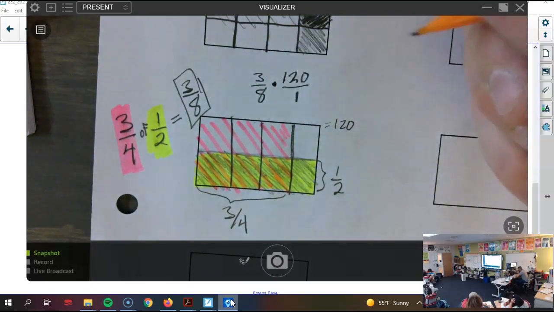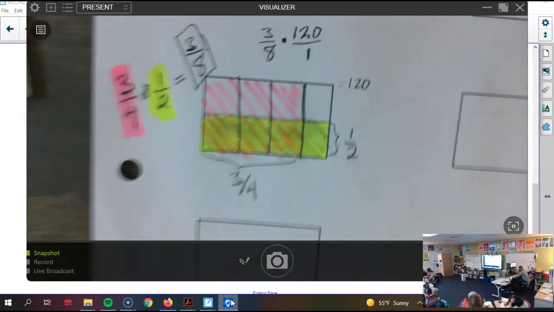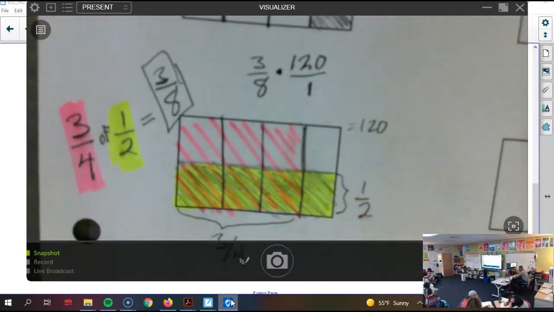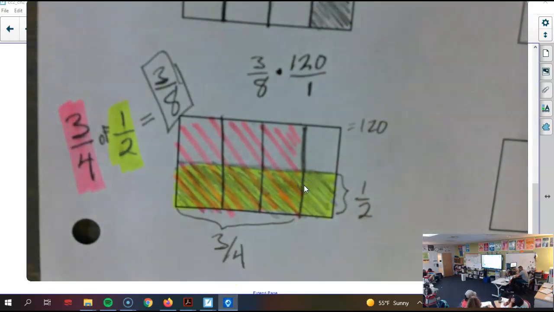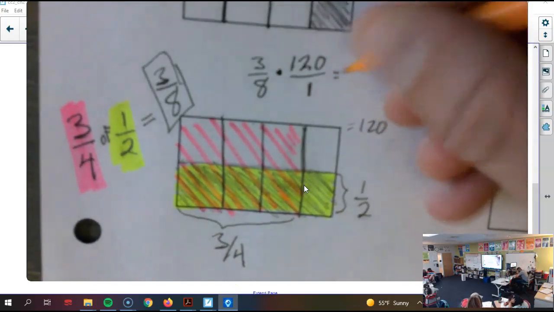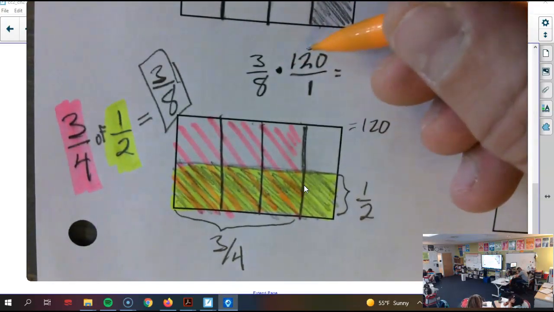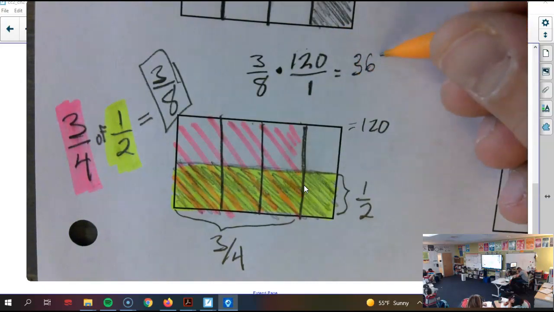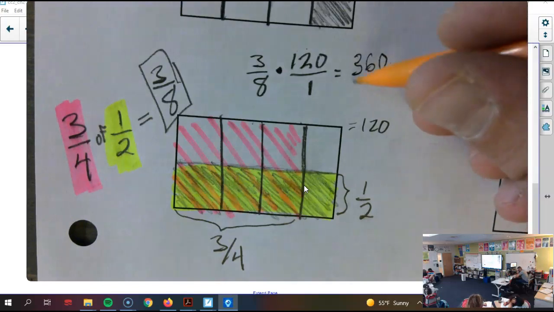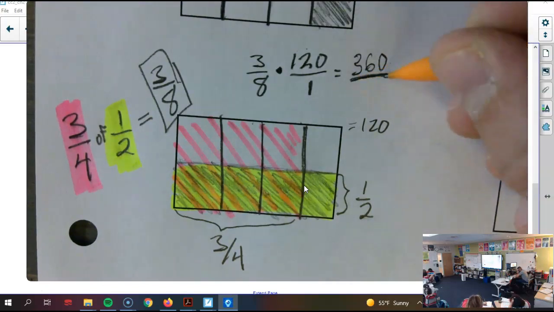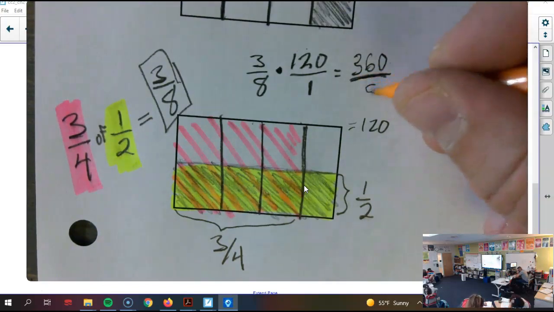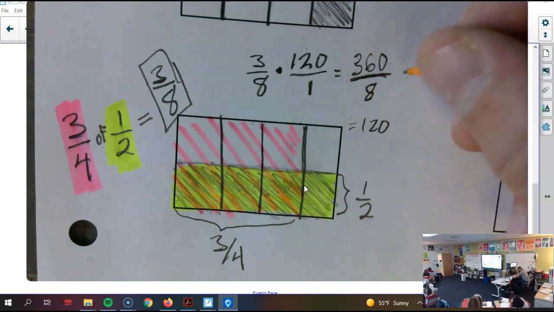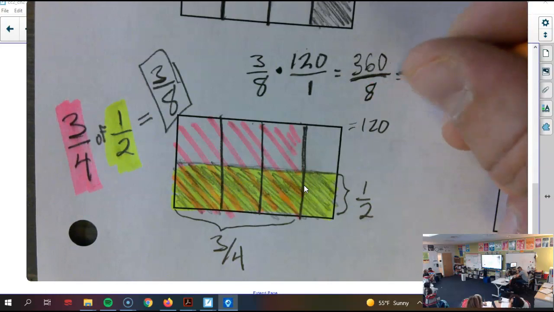We can make 120 into a fraction by putting it over 1. What's 3 times 12? 36. So 360. Put that 0 on. So then at this point, we probably need to use a calculator.